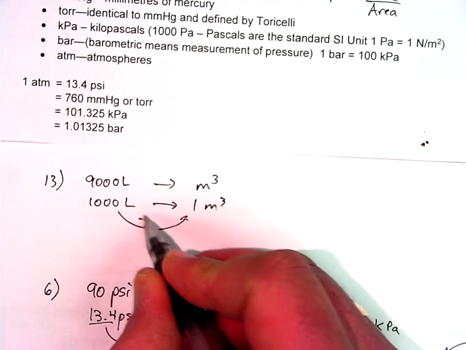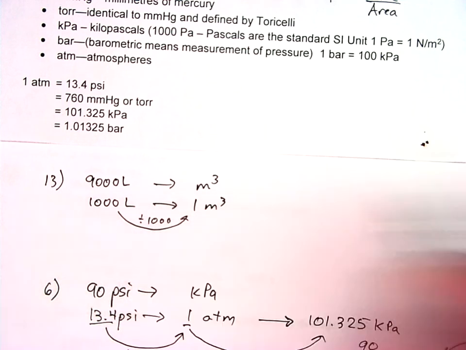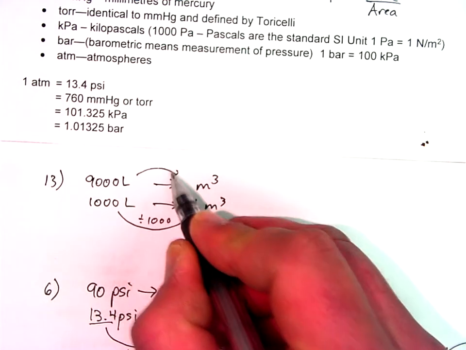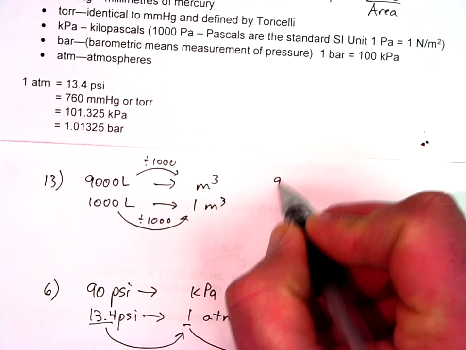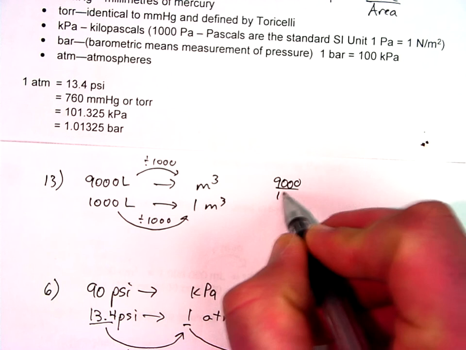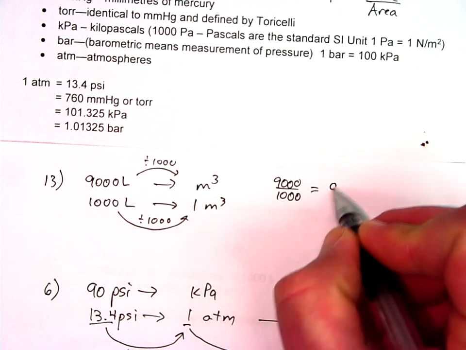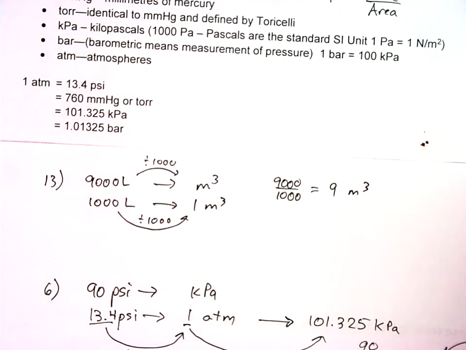Well, we're going to divide by 1,000. So we need to do that with this one. Divide by 1,000. And so 9,000 divided by 1,000 is equal to 9 meters cubed. Okay, and it's that simple. After you start getting some practice with it, your conversions will be done quite easily.